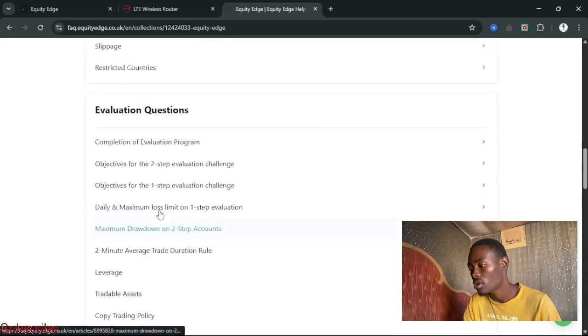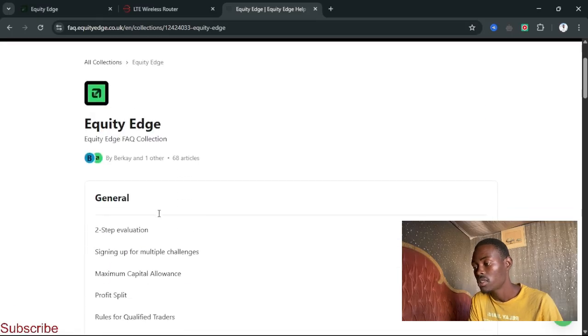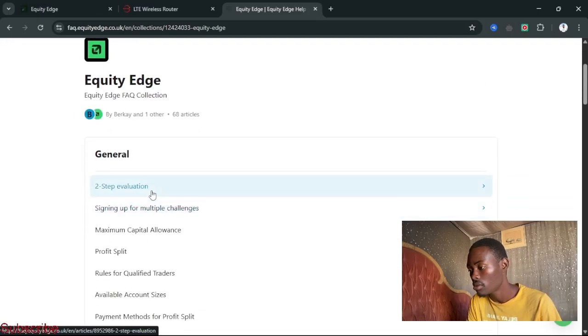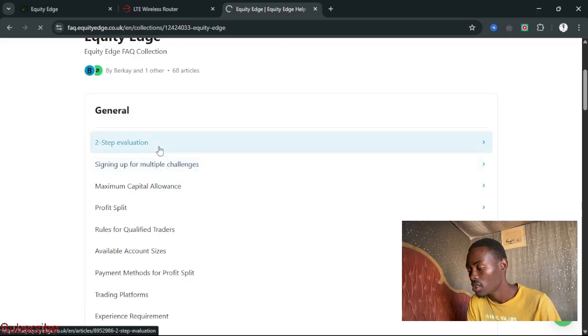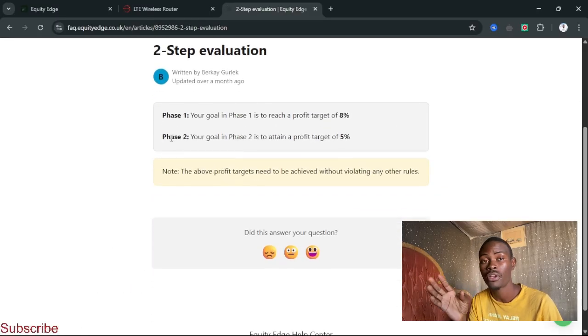Okay, let's go. I'm just going to run through some of them, but I'm not going to read them all. On all the accounts, from the 2.5k account to the 100k account, your goal on phase 1 is always a profit target of 8%, and your goal on phase 2 is a profit target of 5%.